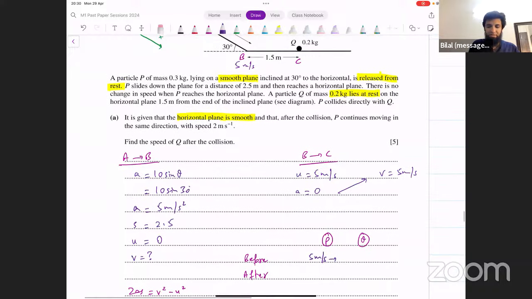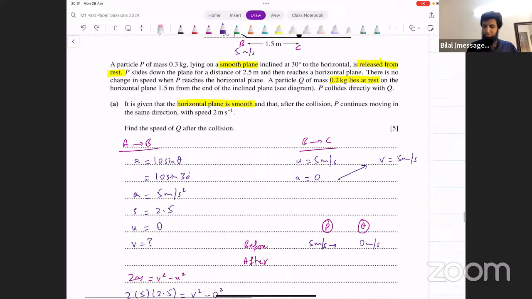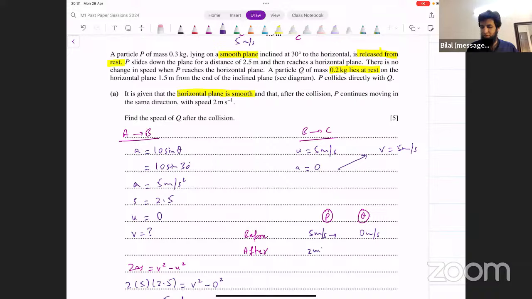And Q was at rest, right? Q lay at rest there, 0 meters per second. After collision, we know that P continues moving with speed 2 meters per second in the same direction. That means towards right. So P continues moving towards right at a speed of 2 meters per second.